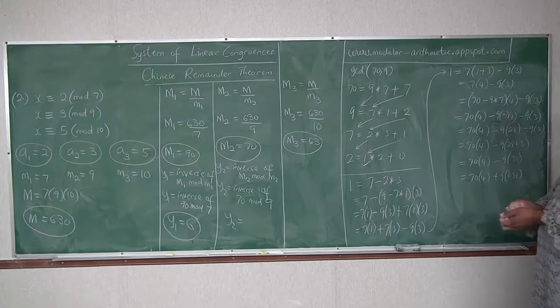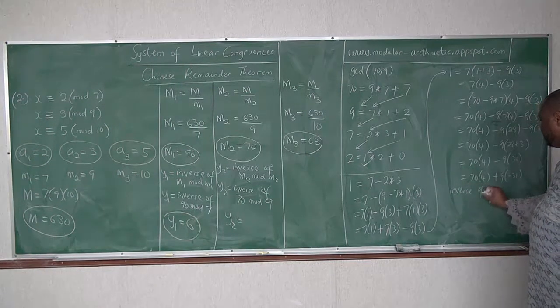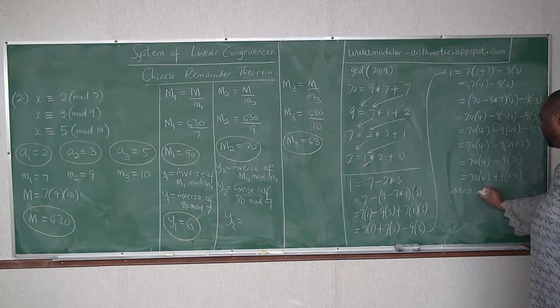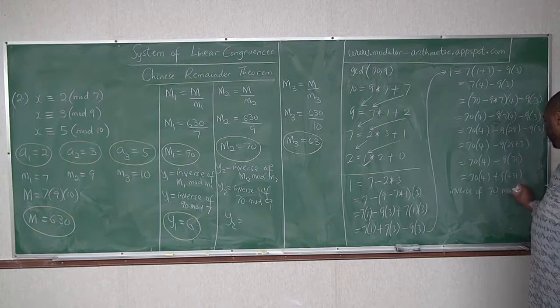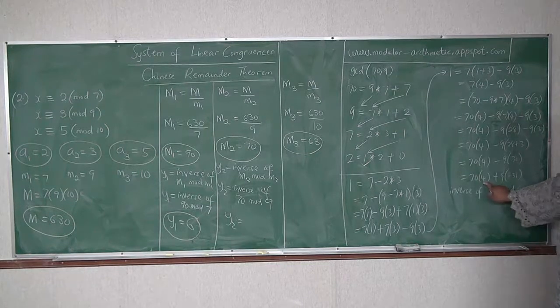But the inverse of 70 mod 9 is 4. Is this 4?